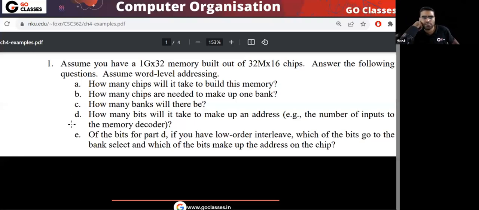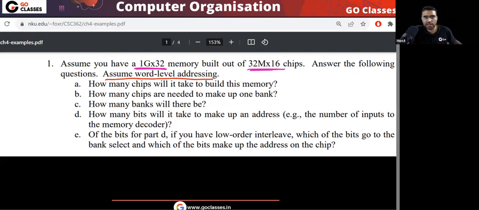Tell me the answer. Assume you have a 1G into 32 memory built out of 32M into 16 chips. Using these chips, we are creating 1G into 32 memory. Answer the following questions. You have word addressable memory.